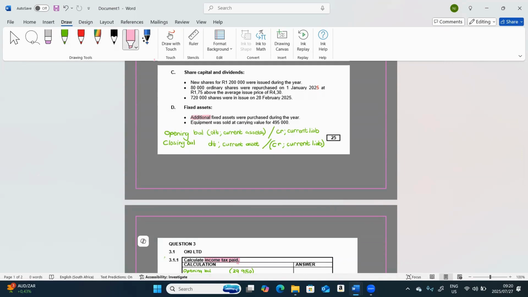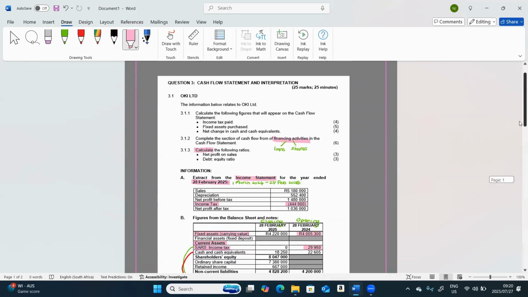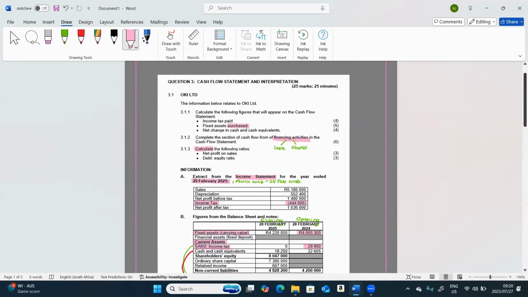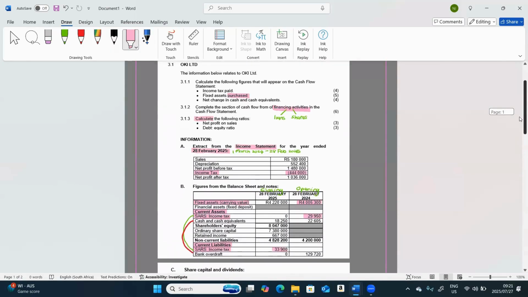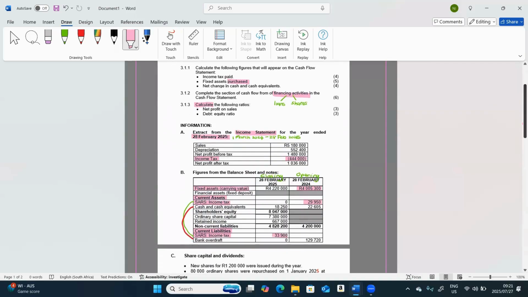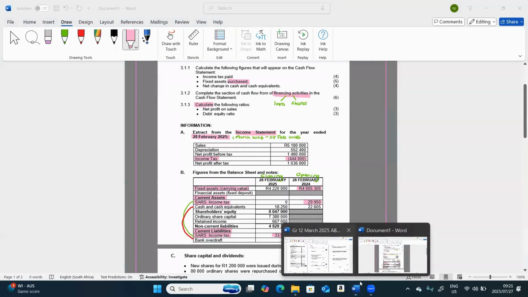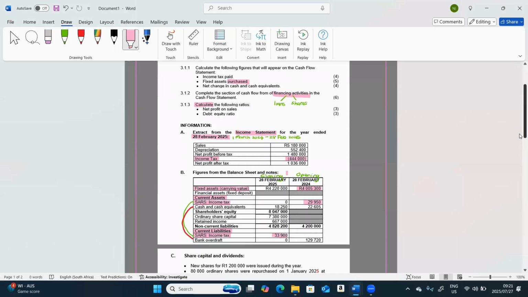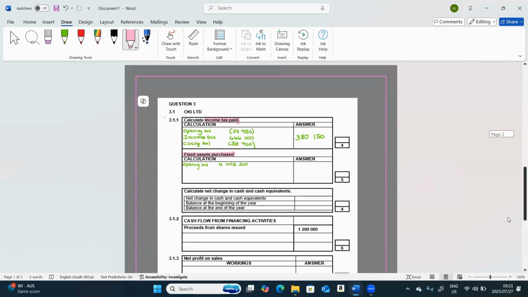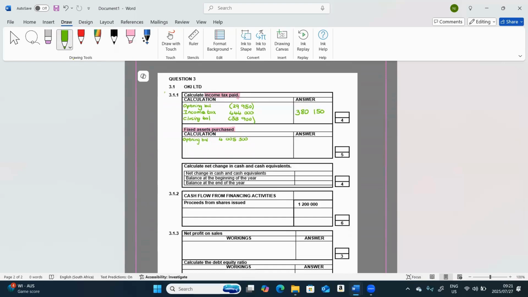They say additional fixed assets were purchased during the year. Guys, we know that additional fixed assets were purchased during the year. Why? Because they are asking fixed assets purchased. That's actually what they want. Now they just tell us that there is going to be a section which says fixed assets purchased. So let's go ahead and write fixed assets purchased. We know that is going to be a line in our calculation because fixed assets were purchased.